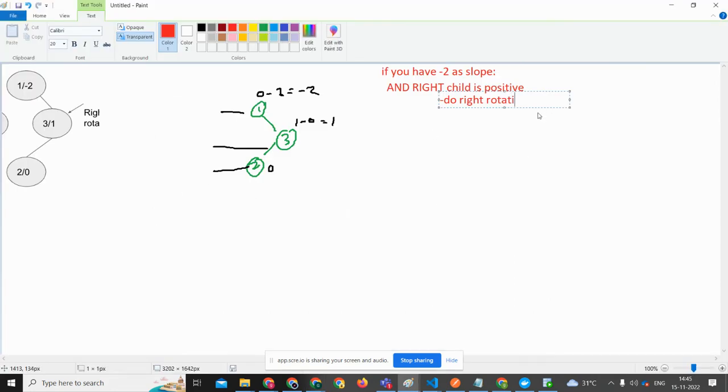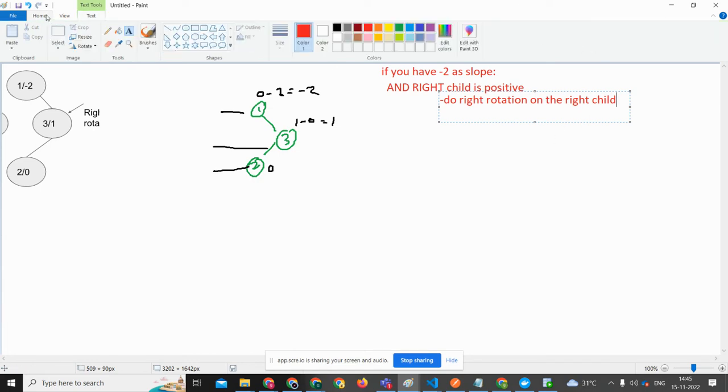Okay, right child. So do you remember what the right rotation is and what the left rotation is?